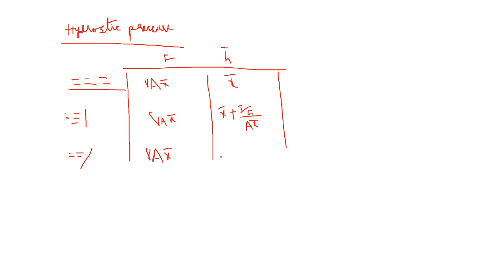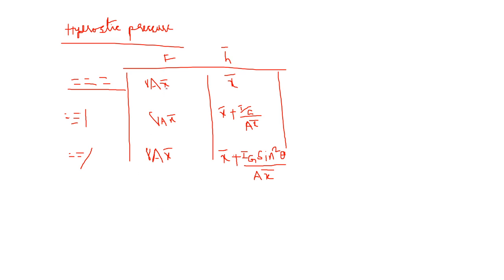For this, if you want to find out the h bar, it is x bar plus Ig into sine square theta divided by A x bar. Clear? So, this is the scenario.